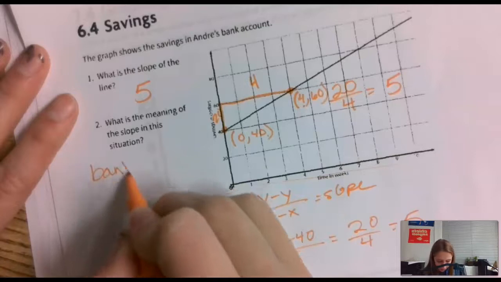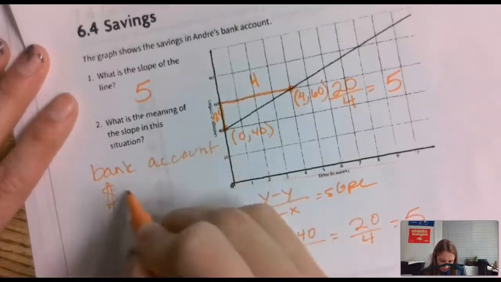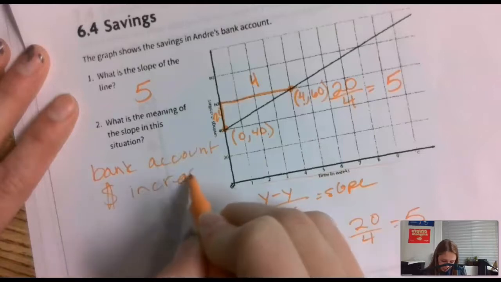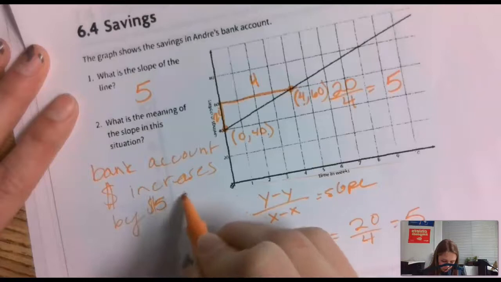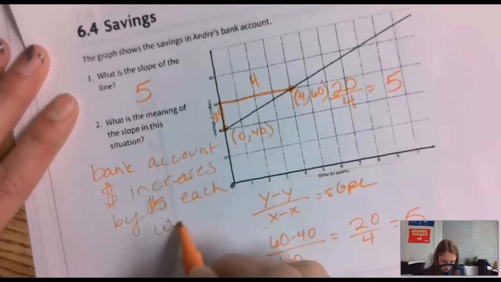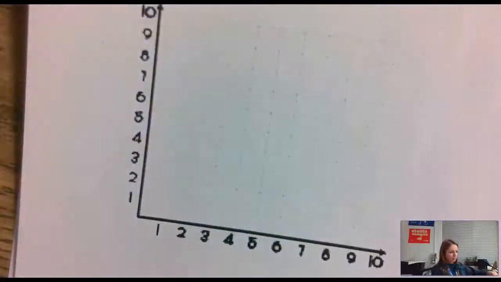So bank account money increases by $5 each week. Alright, so that's that.